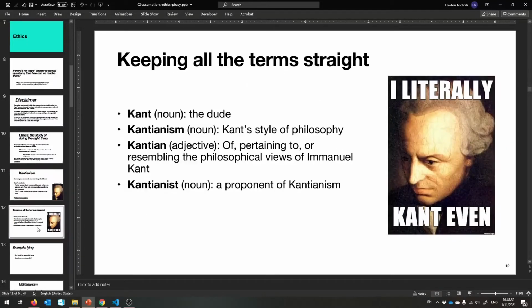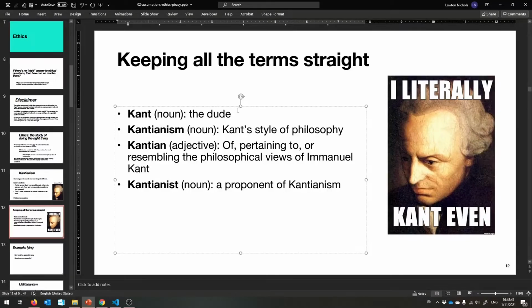Before we talk about one way that Kantianism breaks down, let's talk about all the different terms that you could use and create using Kant's name. So this will come in handy when you write your essay. So Kant by himself, it's a noun, it's the dude himself, that's the man who came up with this philosophy. Kantianism is his philosophy, okay? It is a Kantian philosophy.